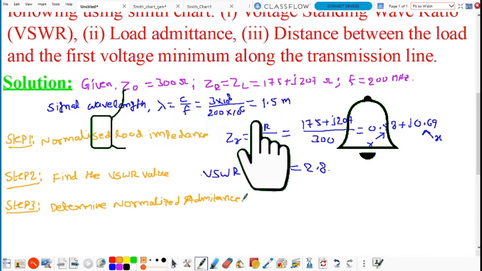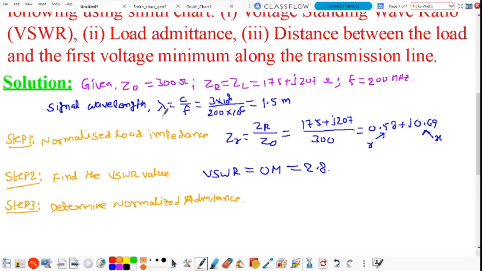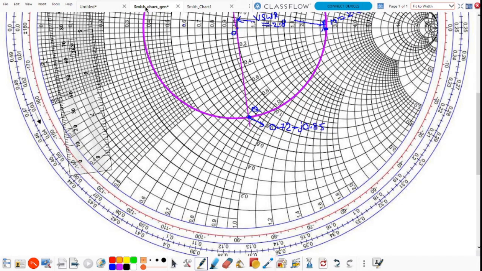And the third step is to determine the normalized admittance. Once again, I will explain how to determine the normalized admittance from this Smith chart. Draw the line opposite to the normalized load impedance on the VSWR circle.